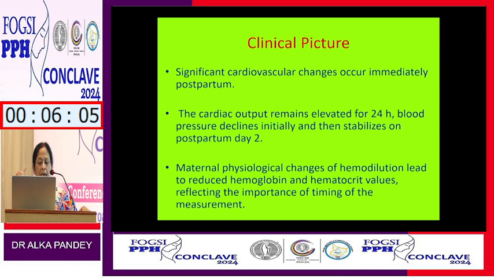Significant cardiovascular changes occur immediately postpartum. The cardiac output remains elevated for 24 hours. Blood pressure declines initially and then stabilizes on postpartum day 2. And maternal physiological changes of hemodilution lead to reduced hemoglobin and hematocrit values, reflecting the importance of timing of the measurement.